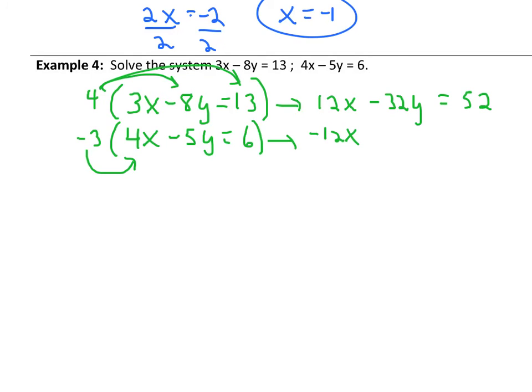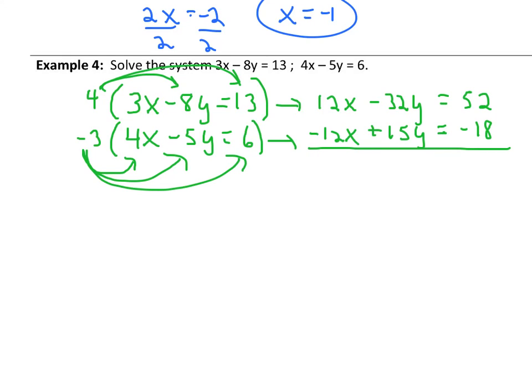And that was my goal, to be able to get one of these variables to have coefficients that make 0 when I add them together. Then I'm going to do the negative 3 times the negative 5, which makes a positive 15y. And then I do a negative 3 times 6, so I get a negative 18.